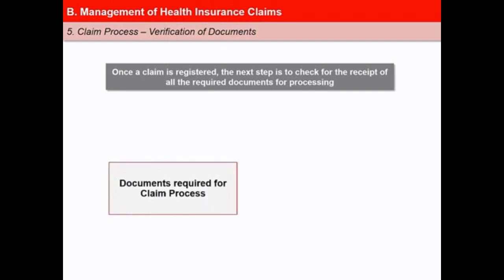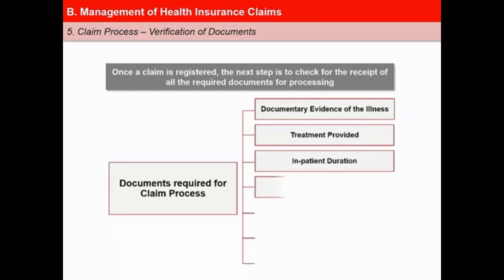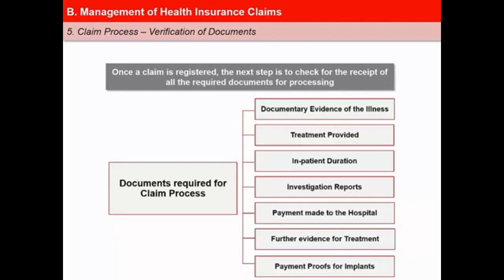The following are the most important requirements for a claim to be processed: the documentary evidence of the illness, treatment provided, inpatient duration, investigation reports, payment made to the hospital, further advice for treatment, payment proofs for implants, etc. Verification of documents follows a checklist which the claim processor checks out. Most of the companies ensure that such checklists are part of the processing documentation.